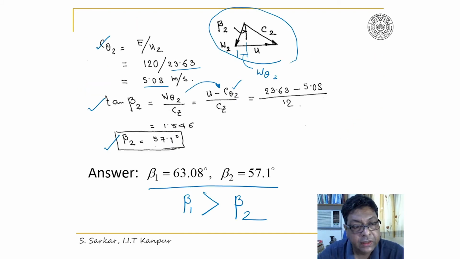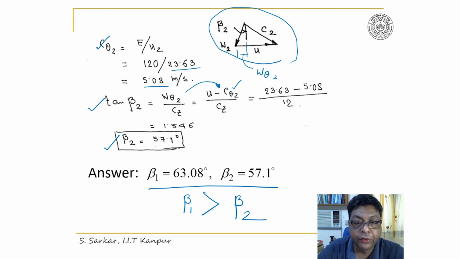So C theta 2 is equal to E divided by U2. Now E is given as 120. U2 I have calculated as 23.60. Therefore, the value of C theta 2 is 5.08 meters per second.